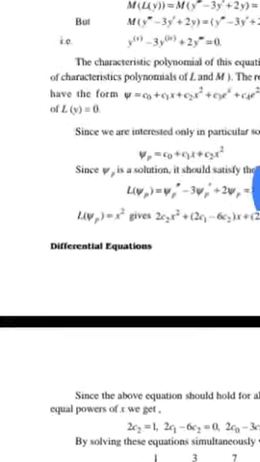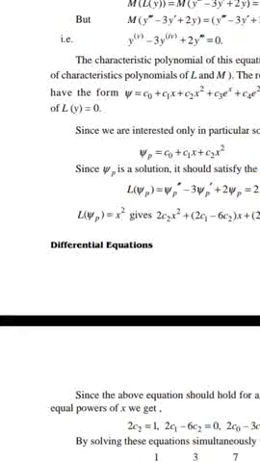But M of L of y is y triple dash minus 3y double dash plus 2y dash, differentiated again, giving y raised to 5 minus 3y raised to 4 plus 2y triple dash is equal to 0.